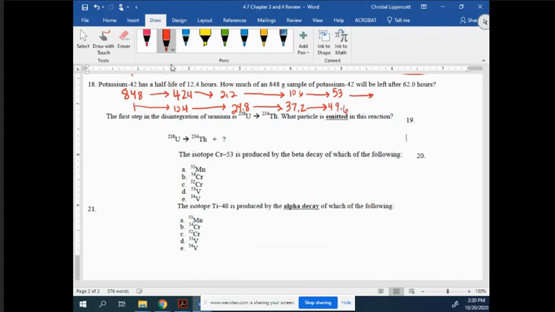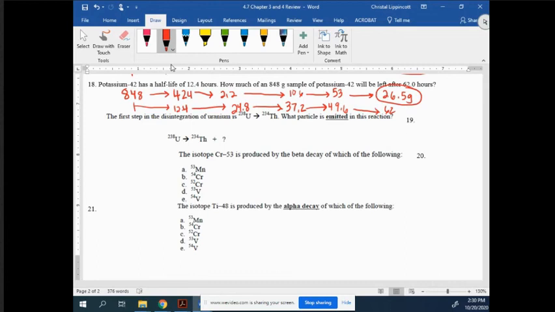And then if I add another 12.4 to that, it's going to take me to my 62. And half of 53 is 26.5. And that would be my answer, 26.5, and that would be grams. And that would be my final answer for this.